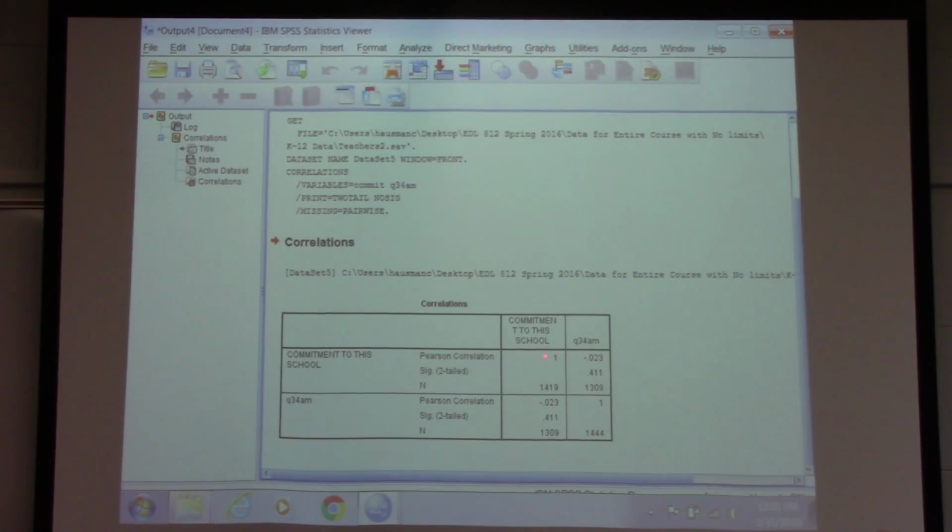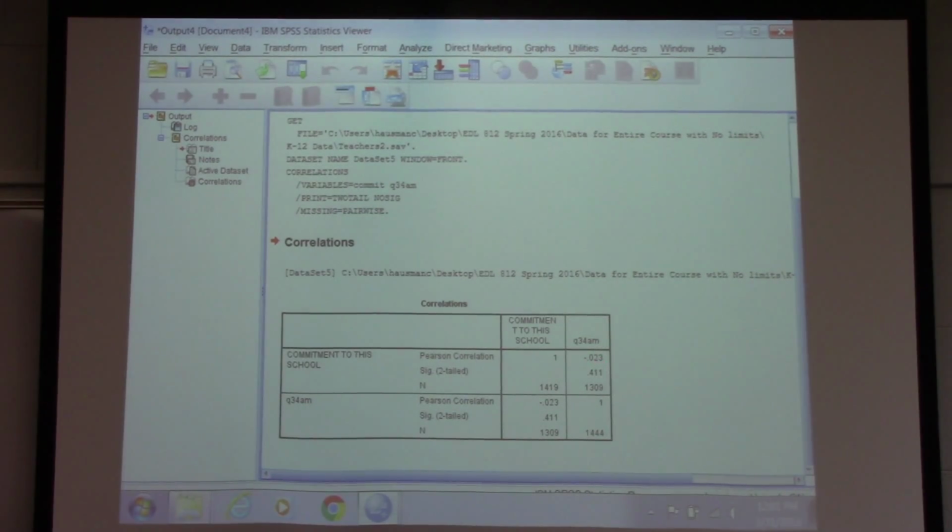So these 1s are really non-interpretable. The correlation I'm looking at is here. What's the relationship between commitment to the school and the years of service to that school? Interestingly enough, the little r, the bivariate correlation, is a negative 0.023.